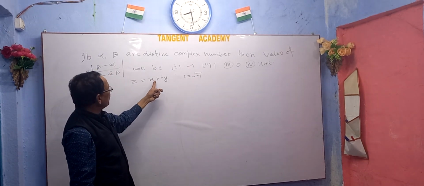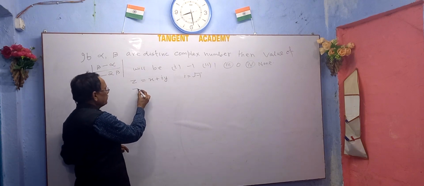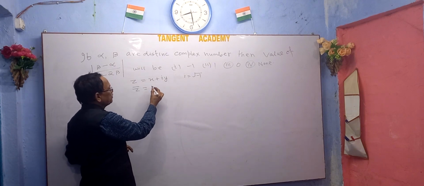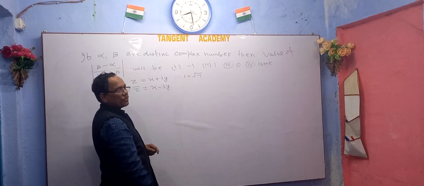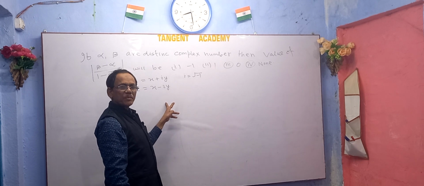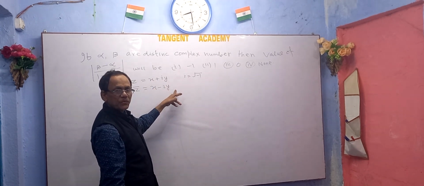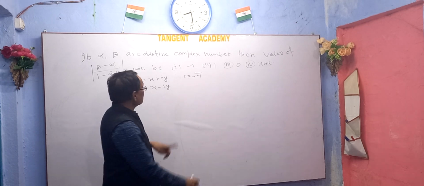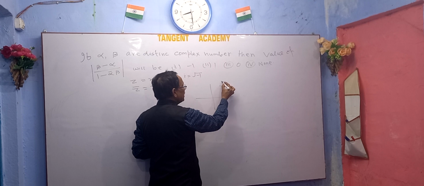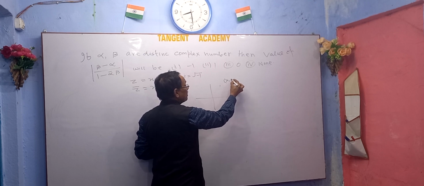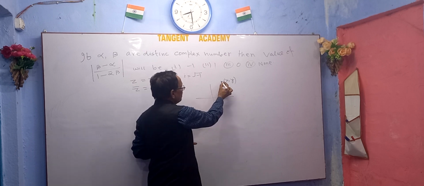If z is equal to x plus iy, then z bar is treated as the mirror image of this very point (x, y) with respect to the x-axis. Suppose in the complex plane, let (x, y) be any point.